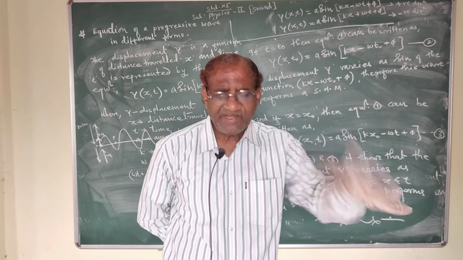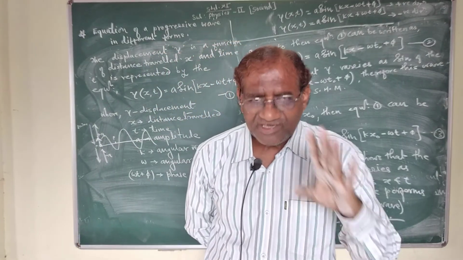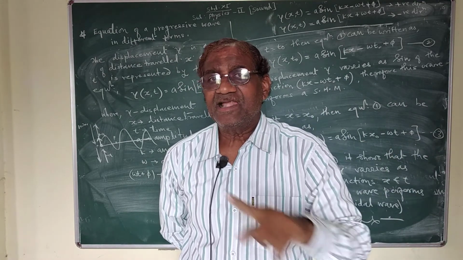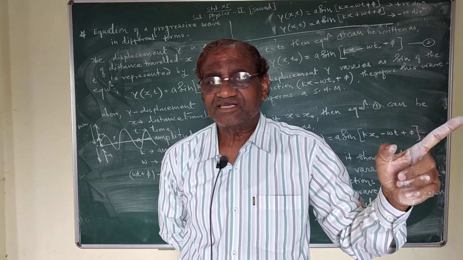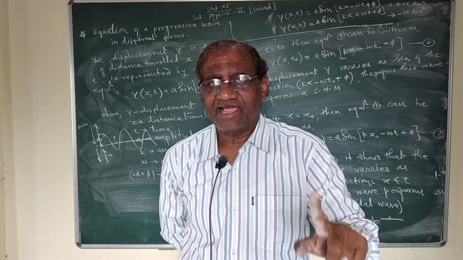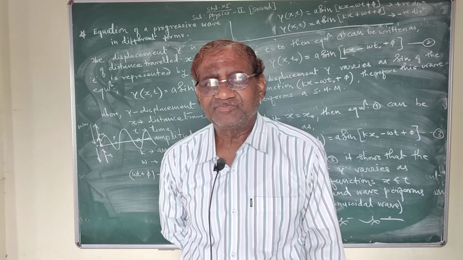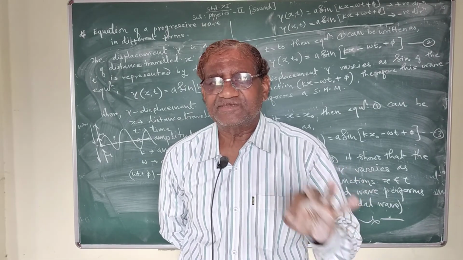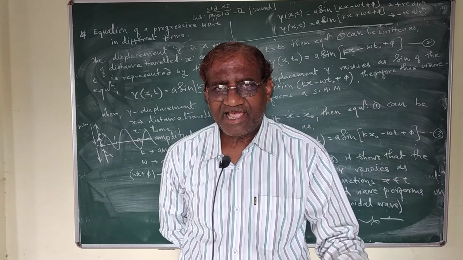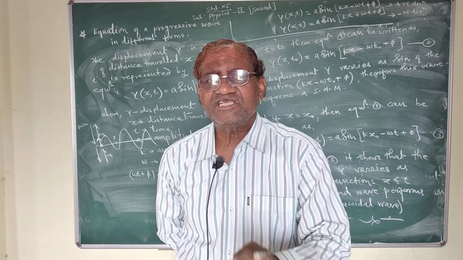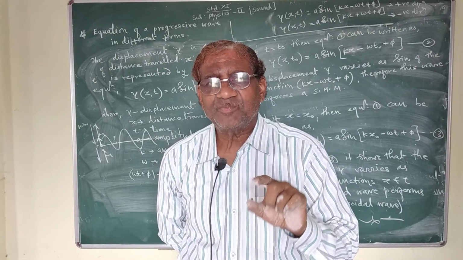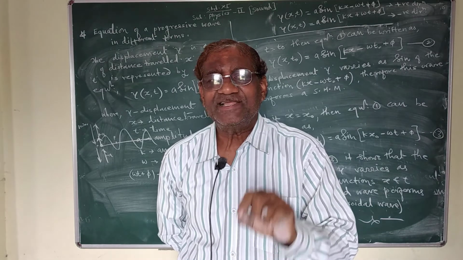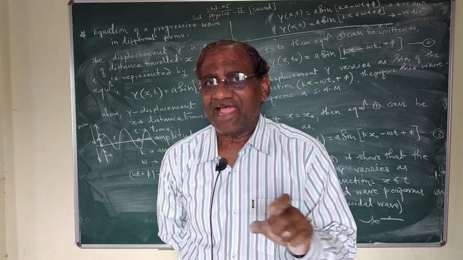Therefore, displacement of a particle from its mean position is a function of distance traveled, that is x, and time instant t. x एंड t के ऊपर डिस्प्लेसमेंट डिपेंड है। x बदल गया, डिस्प्लेसमेंट बदलता, चेंज होता। t बदल गया तो भी डिस्प्लेसमेंट चेंज होता। यानी डिस्प्लेसमेंट डिपेंड्स अपॉन x एंड t। इसका मतलब ऐसा है कि displacement is a function of time and distance travelled.